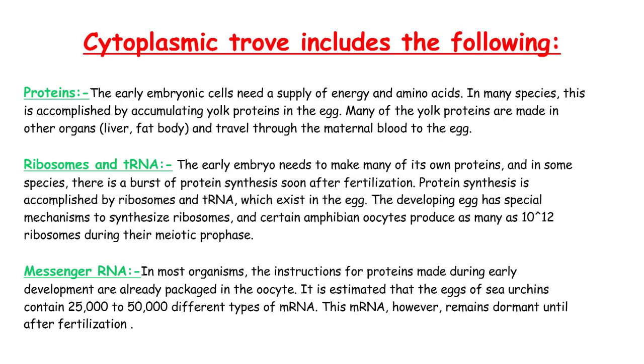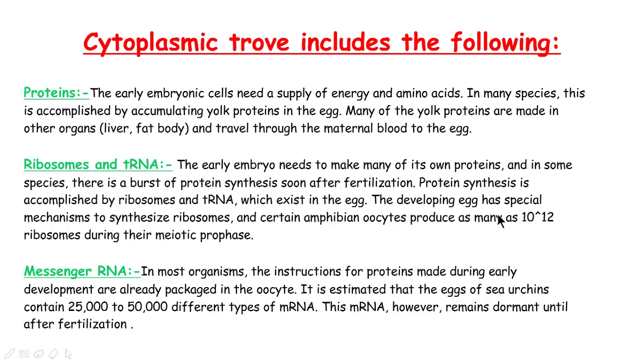What is its function? You have often heard about the terms replication, transcription and translation. The function of the tRNA is to translate the RNA message into a protein which exists in the egg.